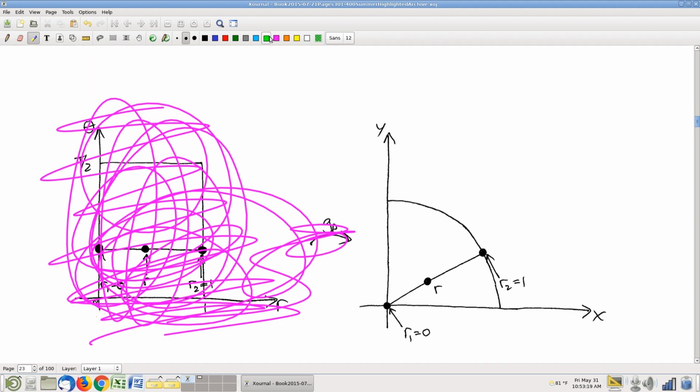Theta going from 0 to pi over 2 is perfectly visible right there. And then on a fixed value of theta, r going from 0 to 1, perfectly visible right there.